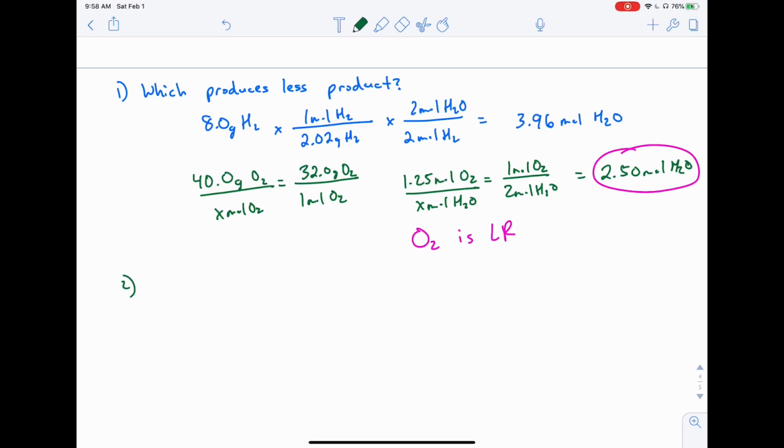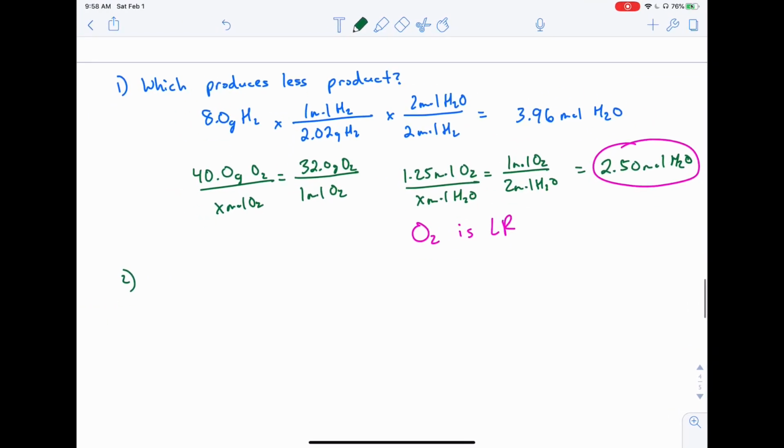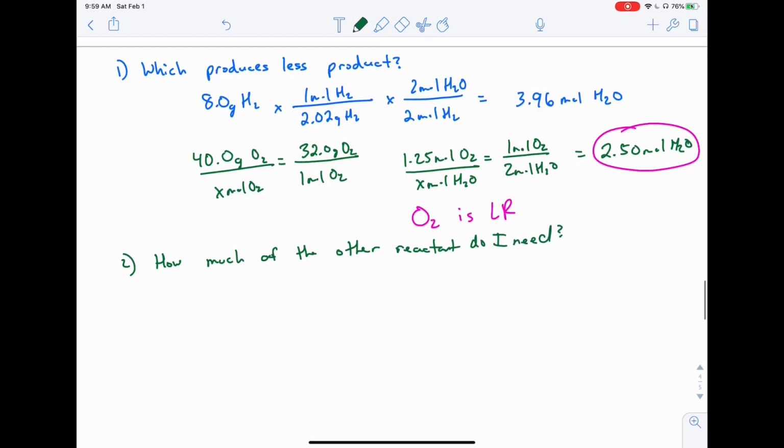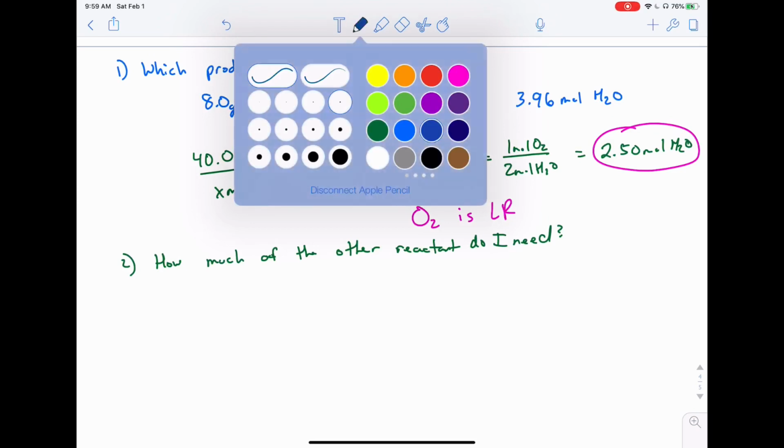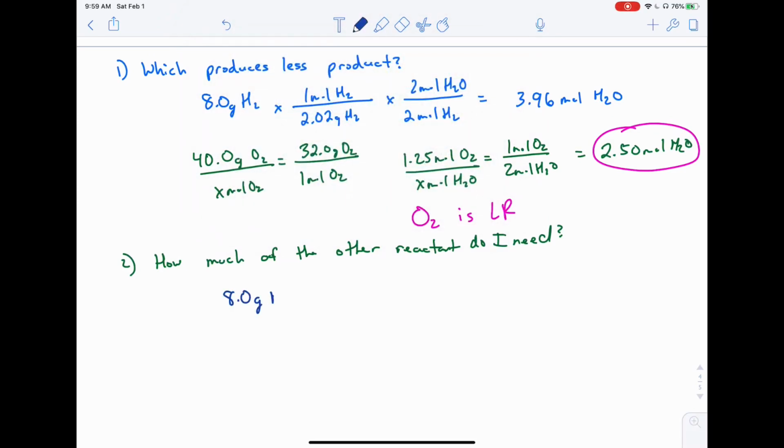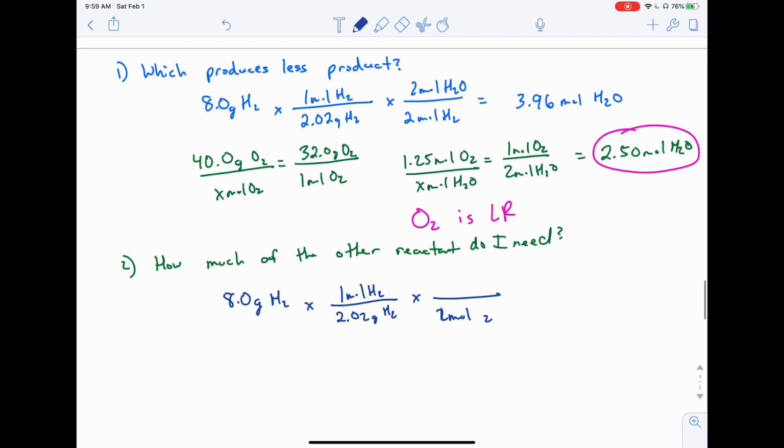The second way you could approach it is to ask, how much of the other reactant do I need? So I could take 8 grams of H2 and convert to O2, using 2 moles of H2 and 1 mole of O2.